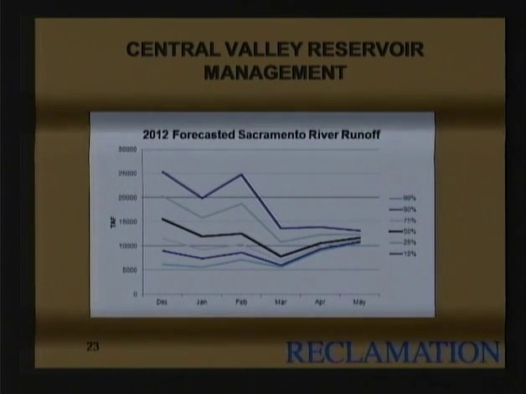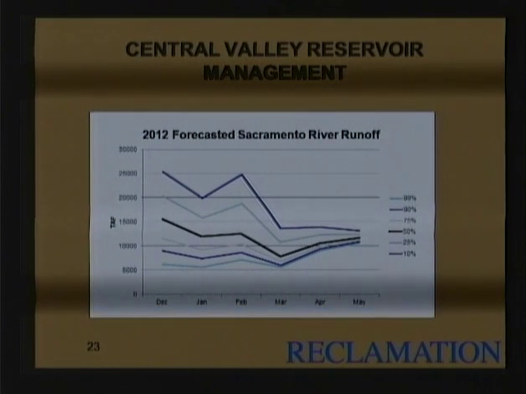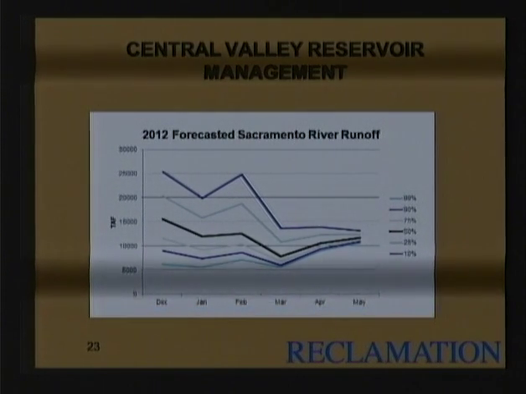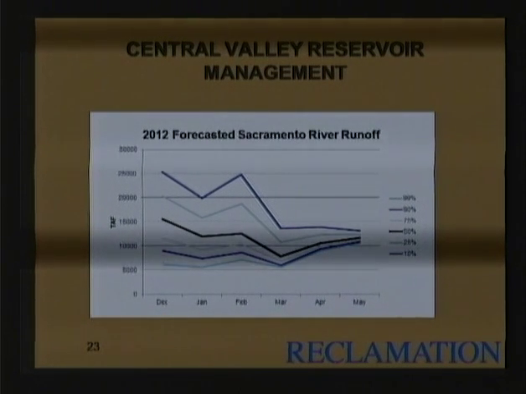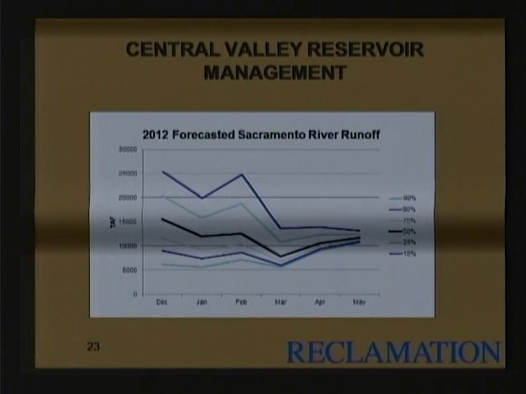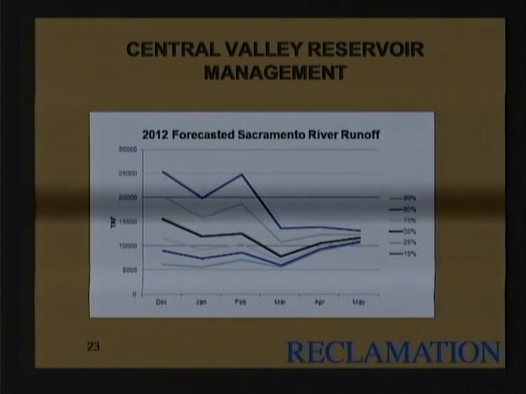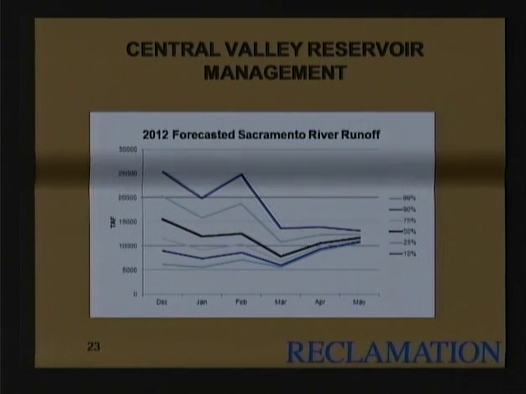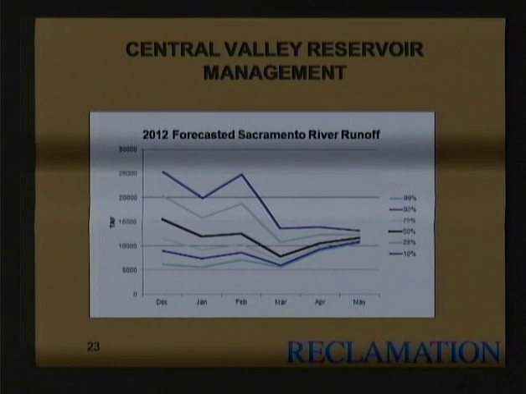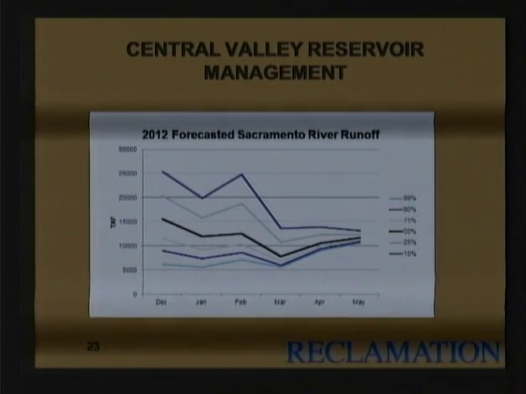By the time you got to March, from an operational standpoint, you're thinking, this is a pretty dire water year potentially. We should be taking actions to limit our reservoir releases and try to conserve as much of the storage as we can. And then things started to get a little bit wetter in mid-March, and you kind of recovered back up to a point in May, but you didn't quite get to where you thought you could be in December.